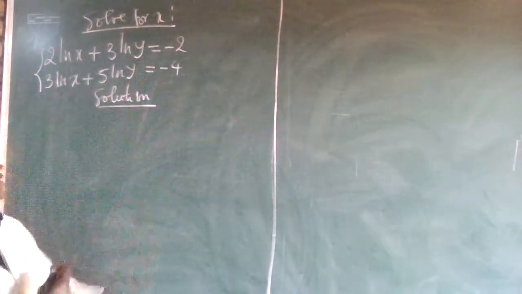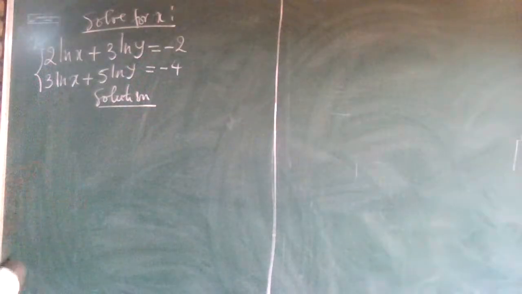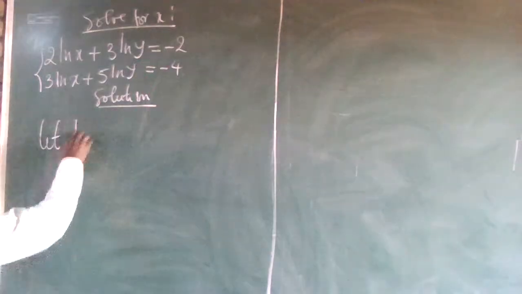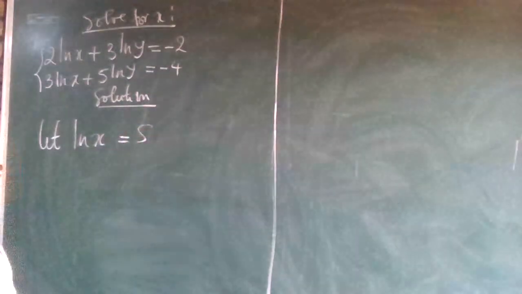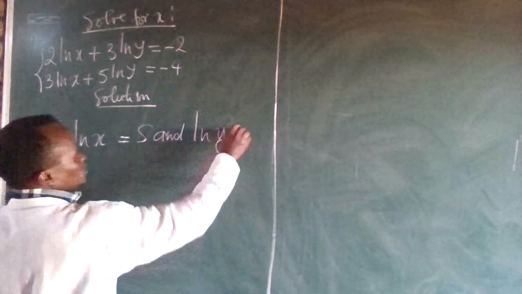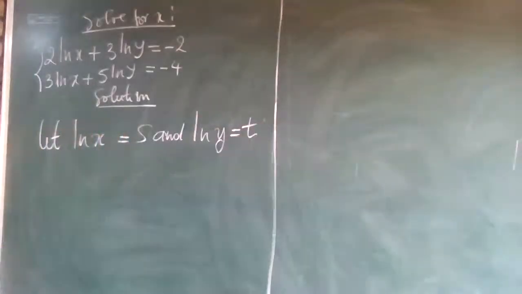Now at this step, if you just try to solve it directly, it is somehow complicated. It is better to make a supposition: let ln x be equal to, for example, s, and ln y be equal to, for example, t, a letter t. You see?